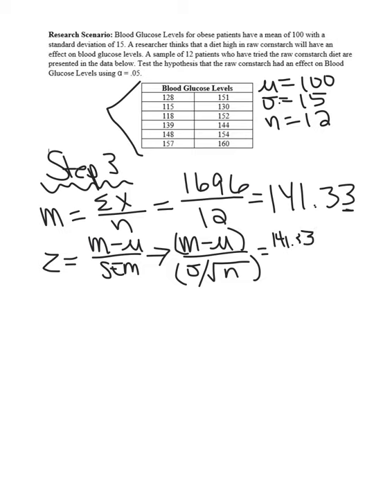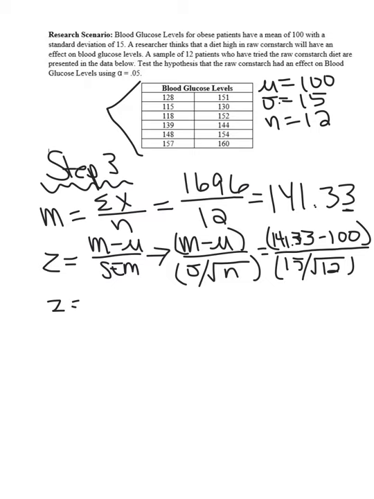So ultimately, we're looking at 141.33 minus 100, divided by 15 divided by the square root of 12. Again, if you're putting it all in your calculator, put parentheses in there so that it keeps the order appropriate.